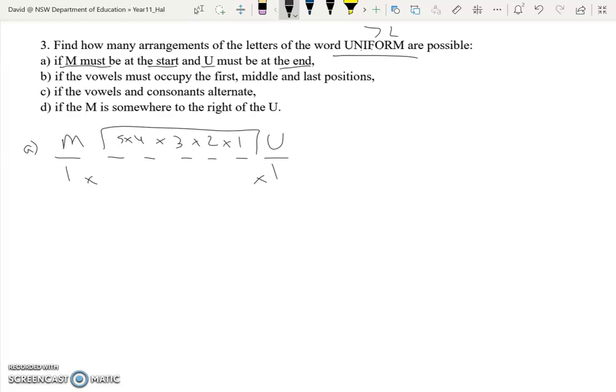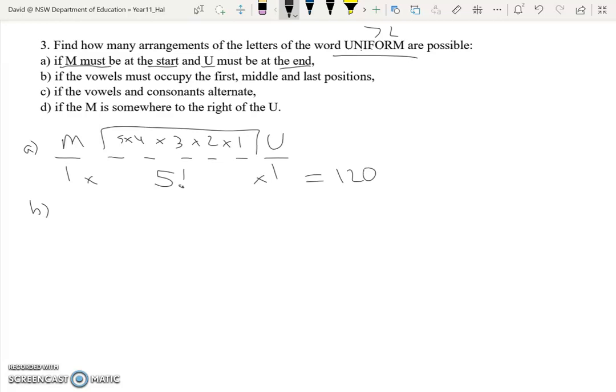But rather than writing that long expression out, you could write 5 factorial, or equivalently 5p5. There's 5 and I'm picking 5 to arrange. So the answer is going to be 120 for A.